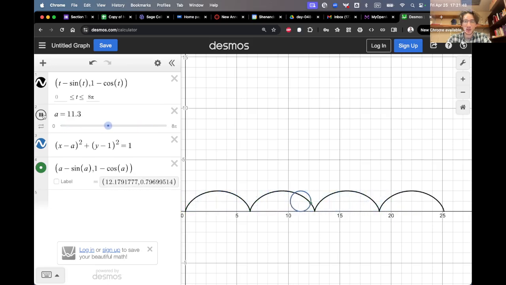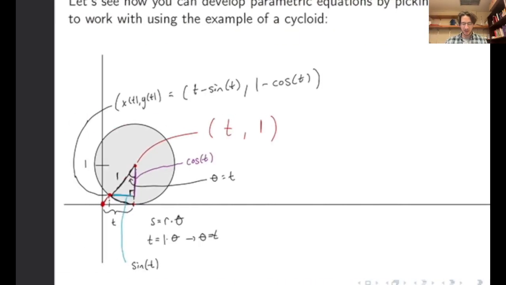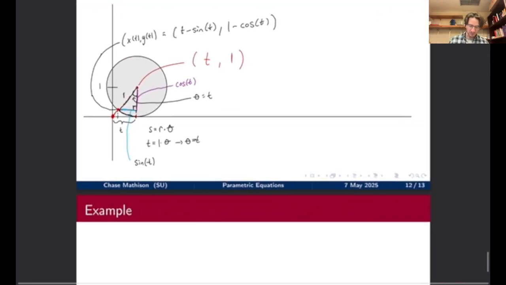I could watch this for a really long time, but I'm not going to. All right, so that's how we can come up with parametric equations in a complex situation like this.